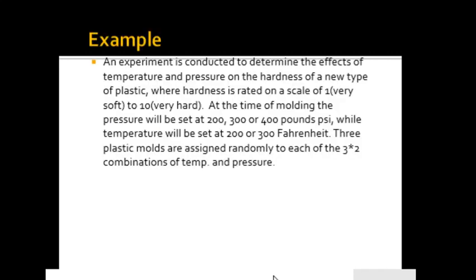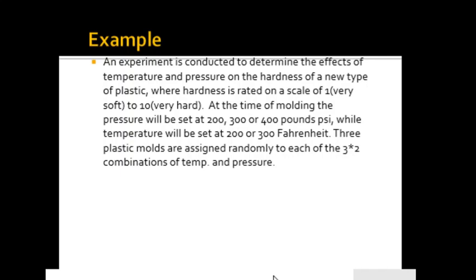So here's an example, and we'll try to use these terms to define everything. An experiment is conducted to determine the effects of temperature and pressure on the hardness of a new type of plastic, where hardness is rated on a scale of 1 to 10. At the time of molding, the pressure will be set at 200, 300, or 400 psi, while the temperature will be set at 200 or 300 Fahrenheit.